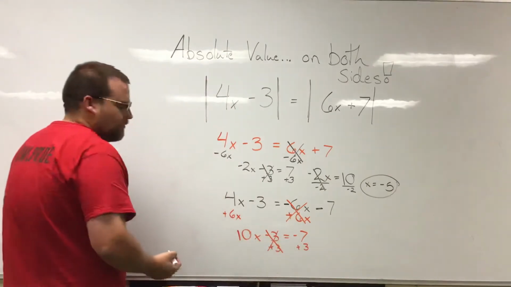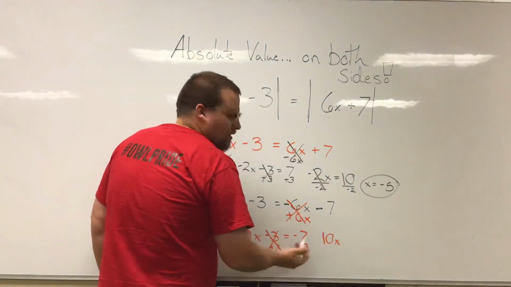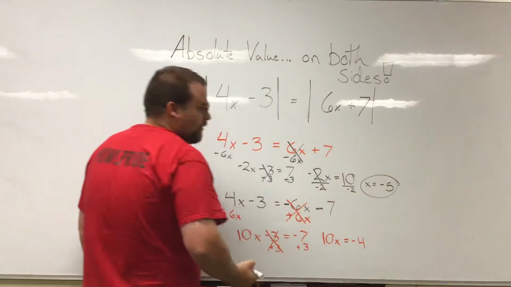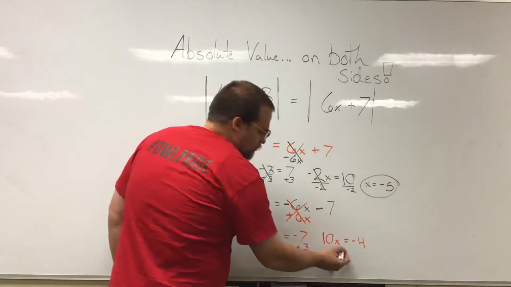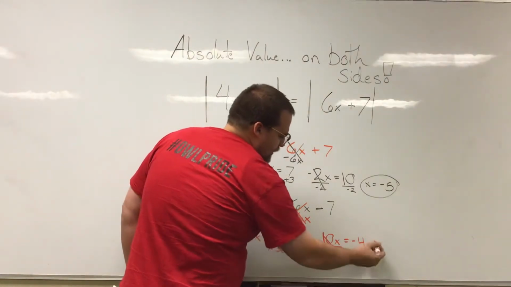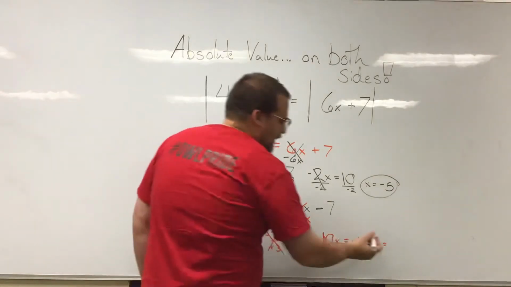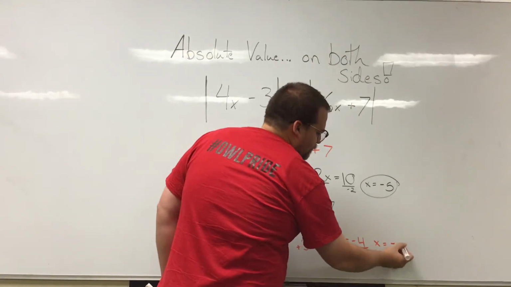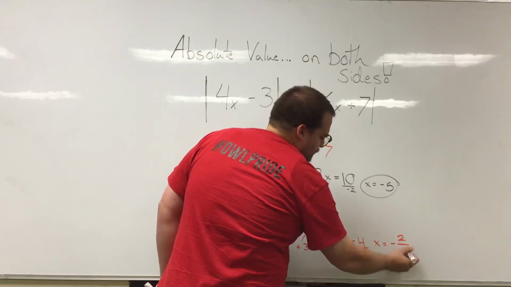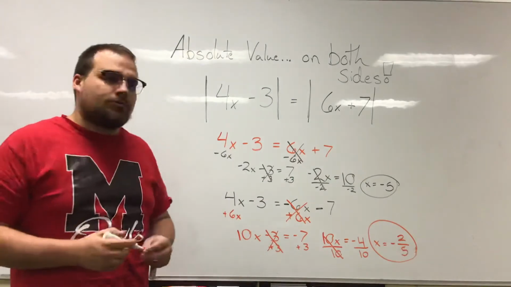These are going to cancel out, and I'll be left with 10x equals negative 7 plus 3, or negative 4. And then I can finish this up just by dividing by 10 and getting that x equals negative 4 over 10, or if we simplify that, negative 2 over 5. Sorry, I was getting ready to write a decimal there. And these are our 2 solutions.